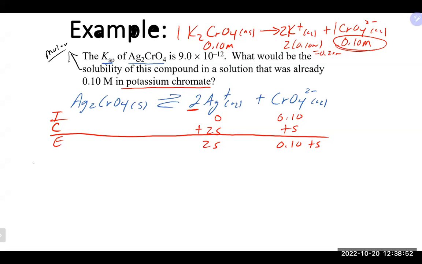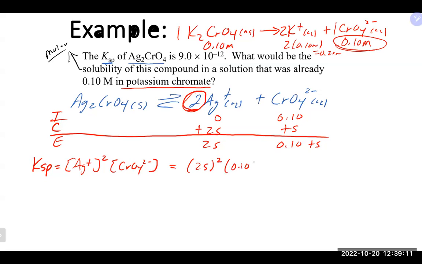At this point, we could do a little KSP expression, which would be our silver concentration also being squared because of the 2, and our chromate here. Putting in our values gives us 2s squared times 0.1 plus s is equal to the 9 times 10 to the minus 12.